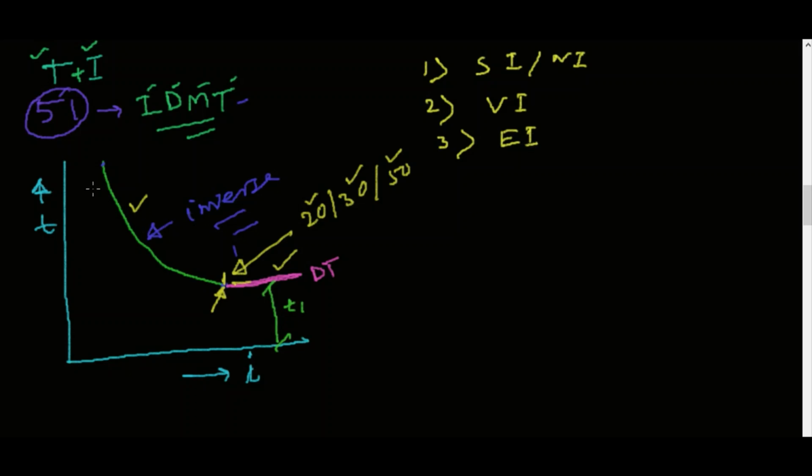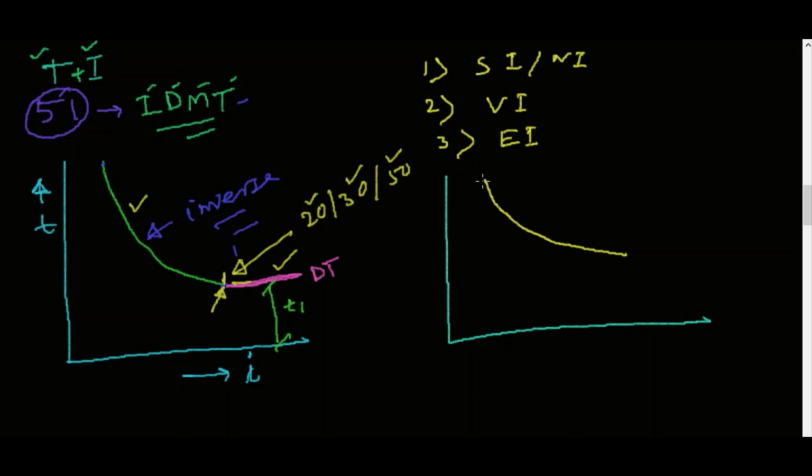If I plot these three curves, probably it will come like this. If we select standard inverse or normal inverse, the curve will look like this.